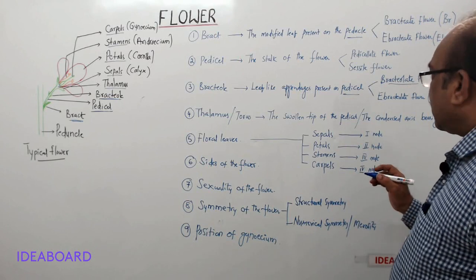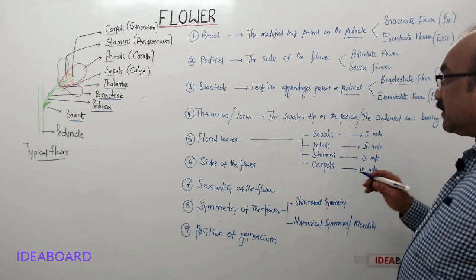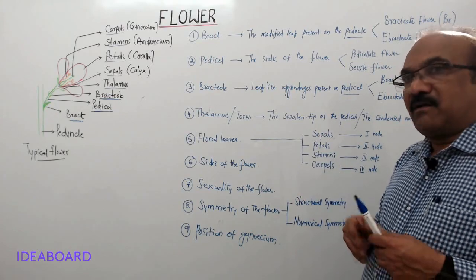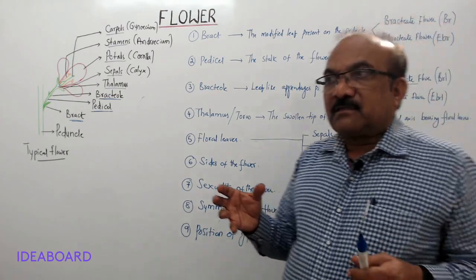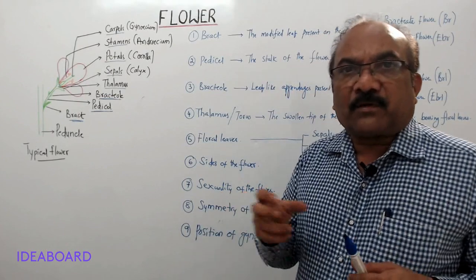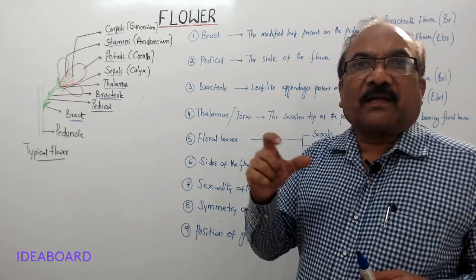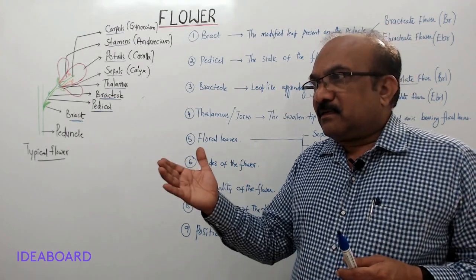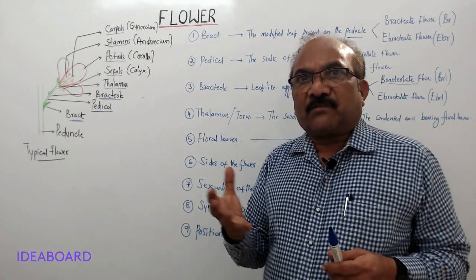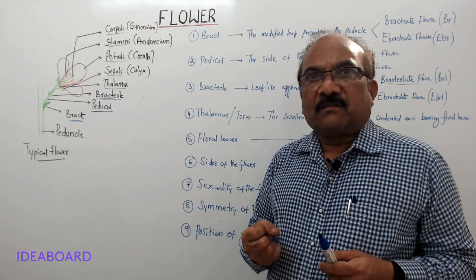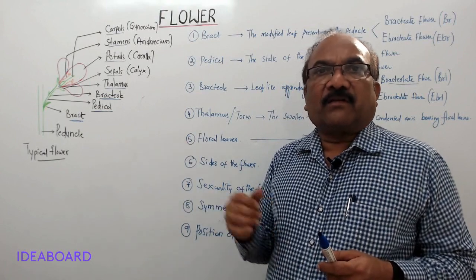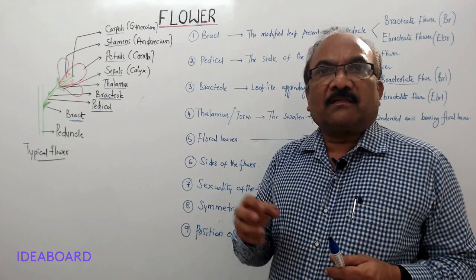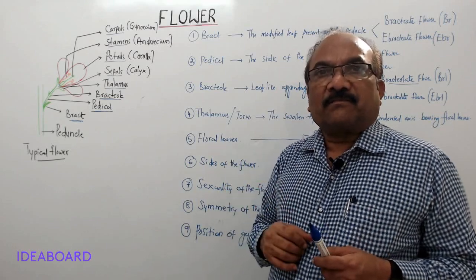Okay, and if you consider them as leaves, already we discussed in the topic leaf about phyllotaxy, the arrangement. And we saw three basic types of phyllotaxy. One is alternate phyllotaxy, second is opposite phyllotaxy, and the third is whorled phyllotaxy.